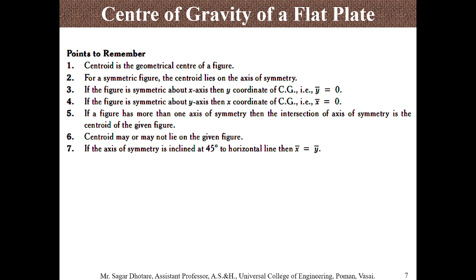For a symmetric figure, the centroid lies on the axis of symmetry. If the symmetry is about the x-axis, then the y coordinate of CG, that is y bar, is equal to 0. Similarly, if it is symmetric about the y-axis, the x coordinate is 0.